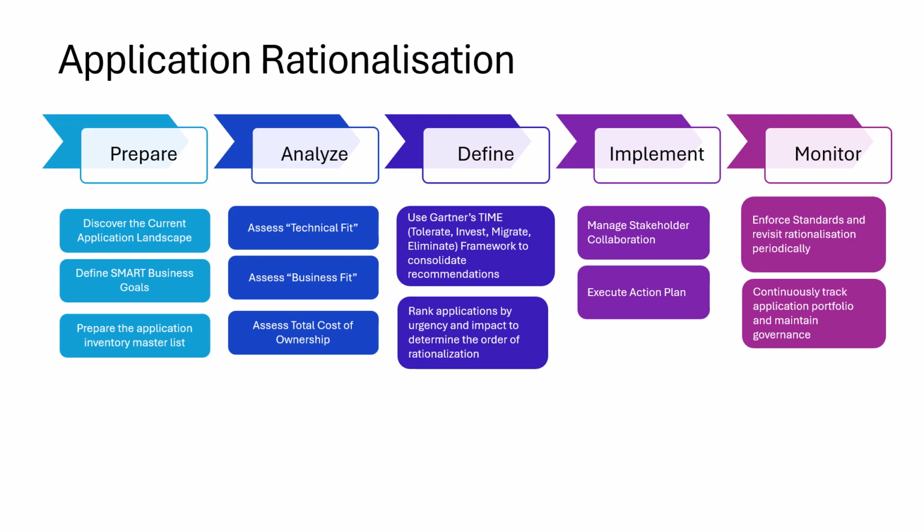So we get on to the implementation phase. Again, this might be a new set of stakeholders based on who uses it or who has developed it, whether it's an in-house built application or it's a managed vendor. Do we have to change any contractual obligations with these vendors and things like that, right? So we manage that stakeholder collaboration, come up with an action plan and start executing the action plan.